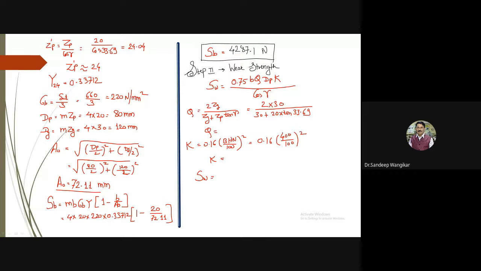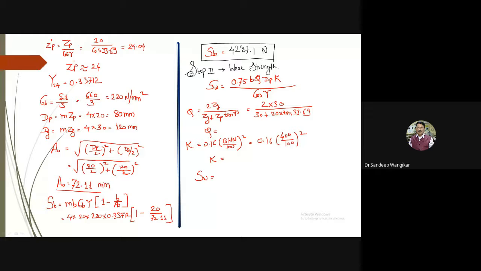Tell me the values. Twice ZG divided by ZG plus ZP tan of gamma, 2 into 30 divided by 30 plus 20 into tan of 33.69.